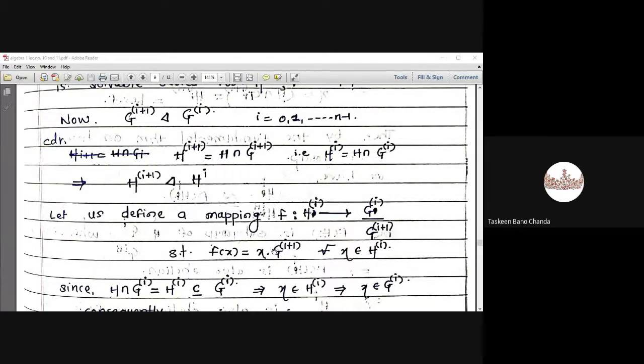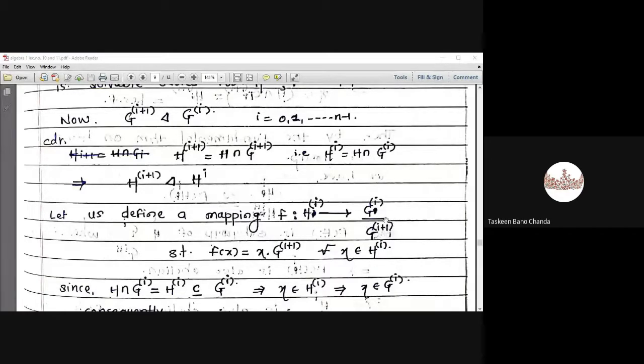Okay, if this is an isomorphism, then by the fundamental theorem, the first theorem of isomorphism, Hi upon kernel of f is isomorphic to the codomain. In the first lecture we saw the fundamental theorem, first theorem of isomorphism, domain upon the kernel of the function is isomorphic to the codomain. What is the codomain? Gi upon Gi plus 1.